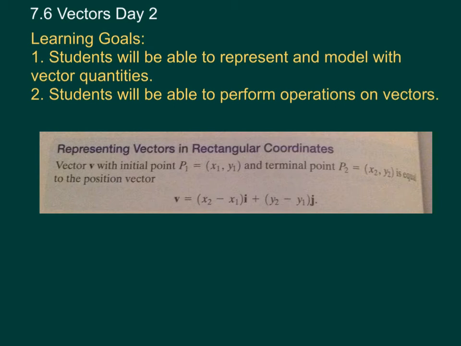tip, you're going to be given vector v with an initial point, which we call P1, and a terminal point, which is P2. And the position vector, you find that by finding, basically, the distance from your x coordinates, which is I, because remember I is the horizontal, and j is the vertical.